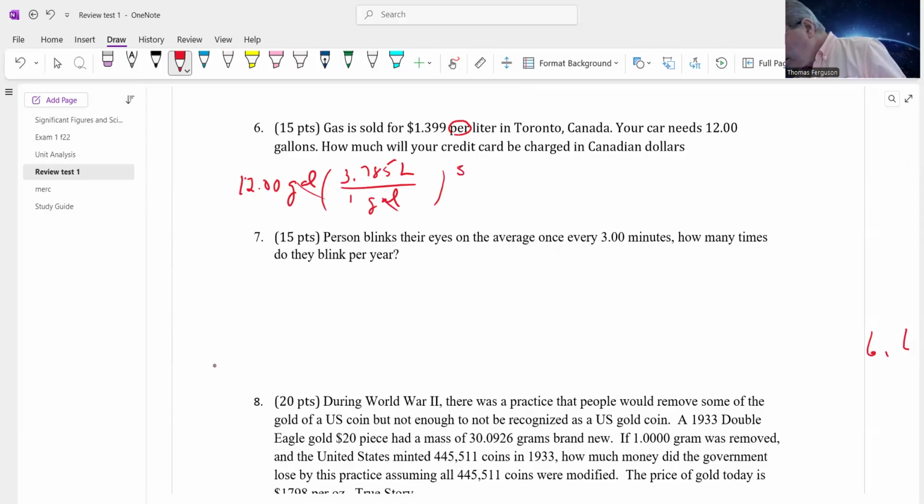Now we can invoke the dollar. Is that first number on top? What is it? 12. No, the one next to it on top. 3.785 liters.